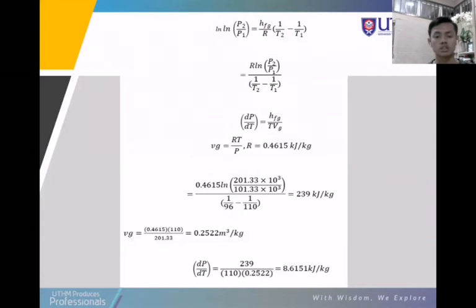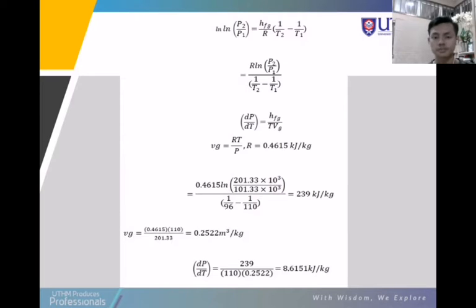This is the calculation equation involved in this particular experiment. At the top we have the list of equations, while at the bottom we have a list of calculations where we insert the values and get the final data.